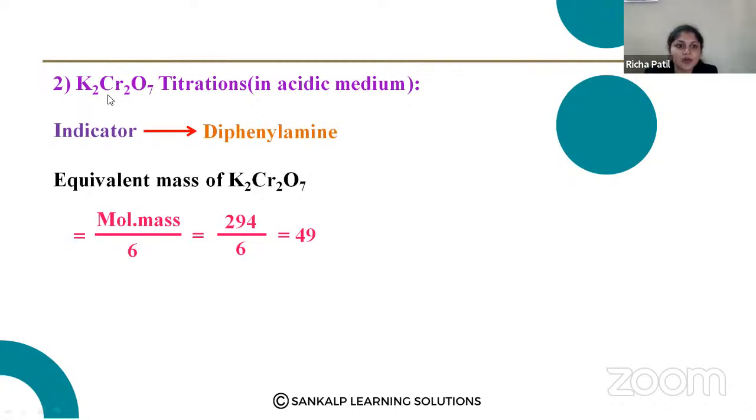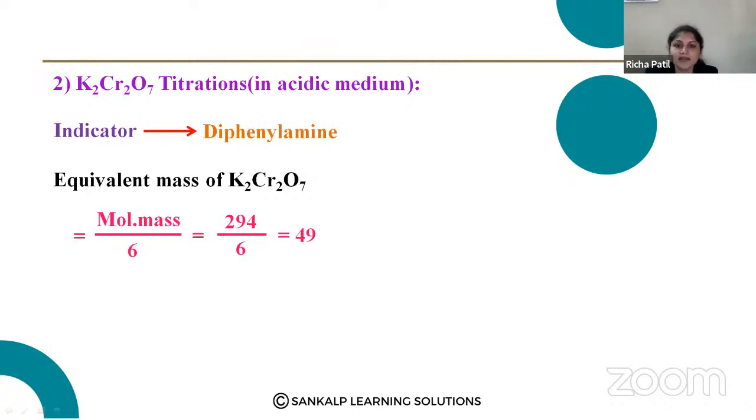By titrating the known against the unknown, you find the concentration of the unknown. Here it is not acting as a self-indicator, as it is not a very dark color solution, so an indicator is used to determine the color change. The indicator used is diphenylamine. What is the equivalent mass of K2Cr2O7? It is 49. K2Cr2O7 is also a strong oxidizing agent.